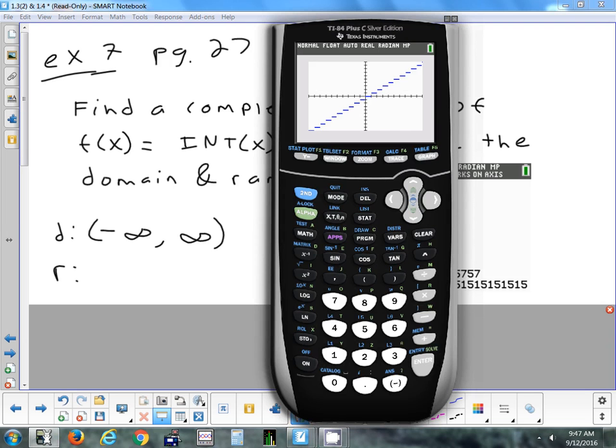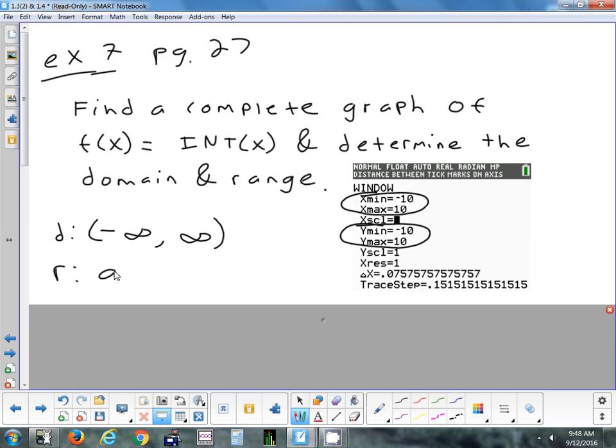It's just all integers. Yeah. So reals include your positives, negatives, fractions, decimals. Integers don't include fractions or decimals. Okay, just positives and negatives. Okay, so your range, all integers.